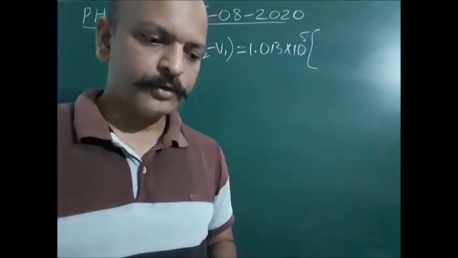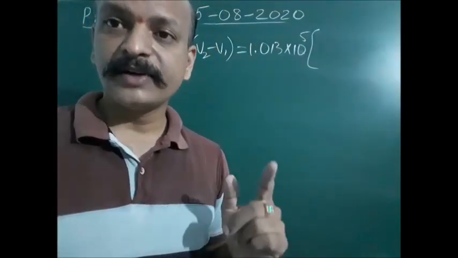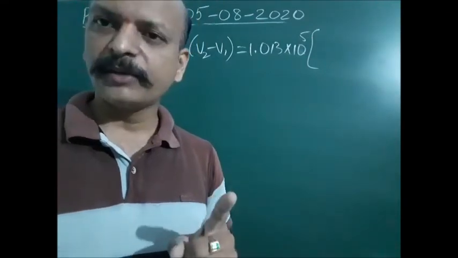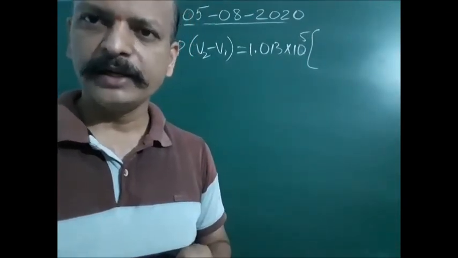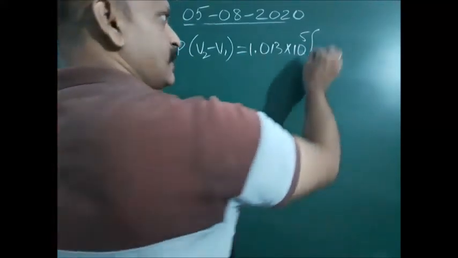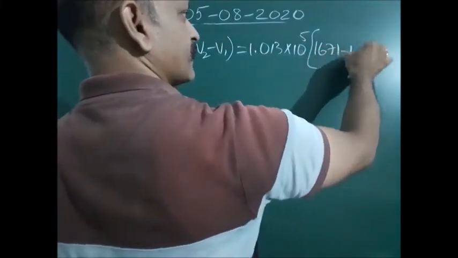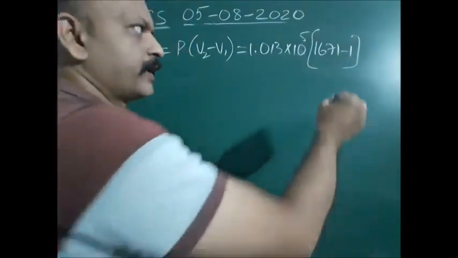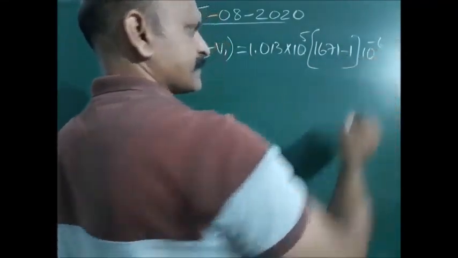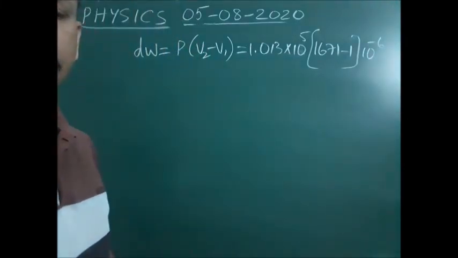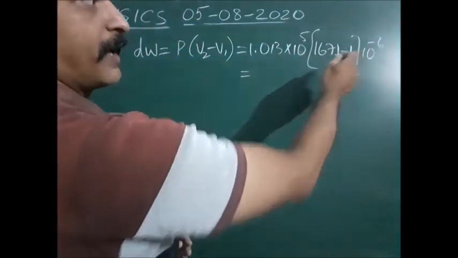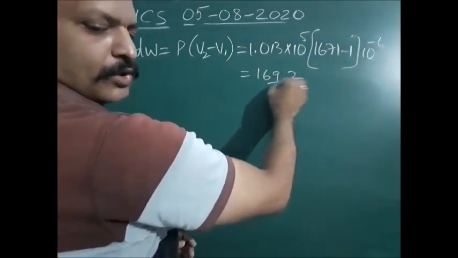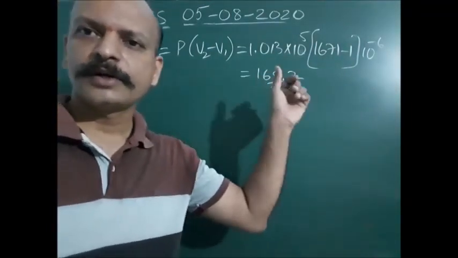Final volume is 1671 cc, initial volume is 1 gram of water, meaning 1 cc. Okay, 1671 cc minus 1 cc, both are in cc units, converting into meter cube, 10 to the power minus 6. Okay, if you calculate this, we get 169.2 joule as the work done.